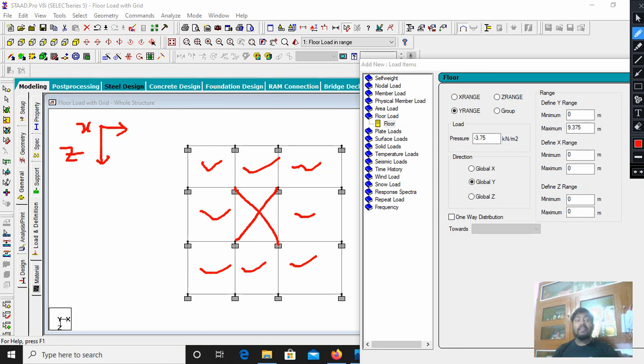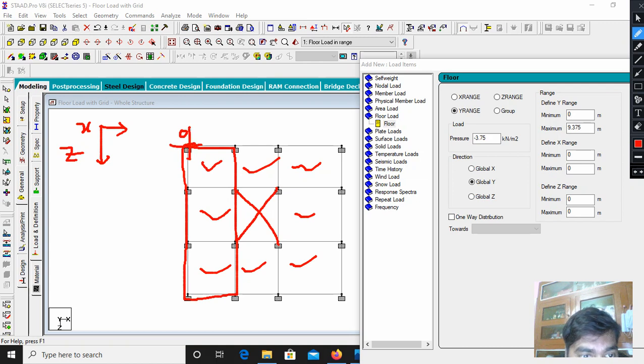So defining the range. For this slab, from here to here, this is one part of the slab. Here the starting point is 0, because from here the load is starting. So this is the starting point of the load. From here to here, what is the ending point of the load?